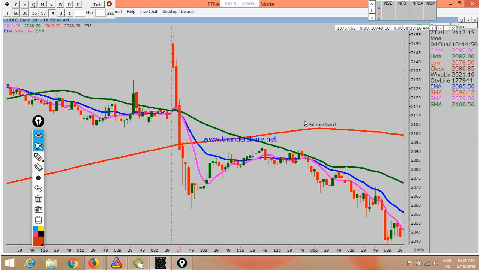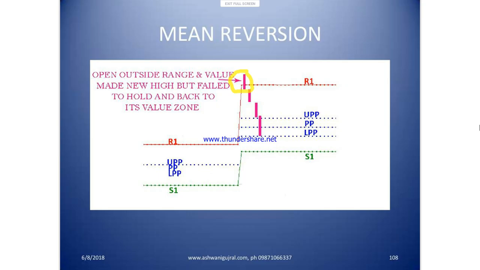So mean reversion often happens when there is some positive news and there is no follow through, or there is some negative news and there is no follow through. Okay, so that way, news is better, but the other way mean reversion can happen is that if it's a sideways market, like on Friday, you gap down, that gap wasn't sustained, and the market started to come back.